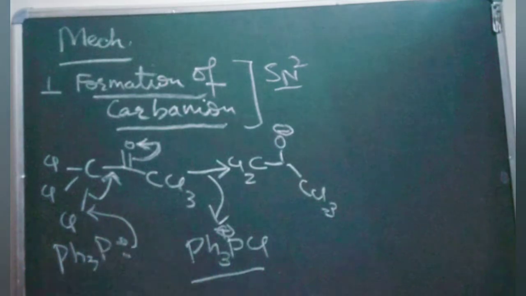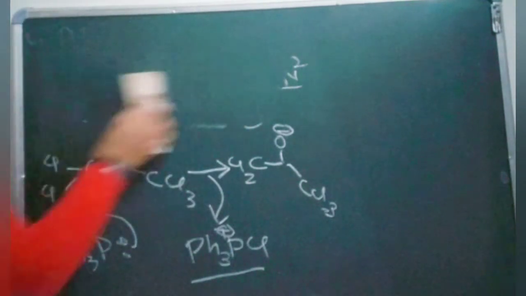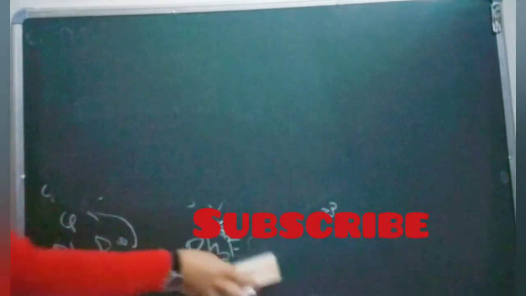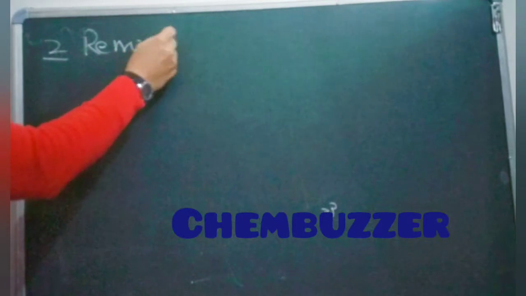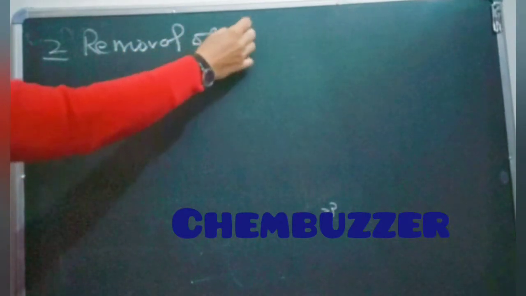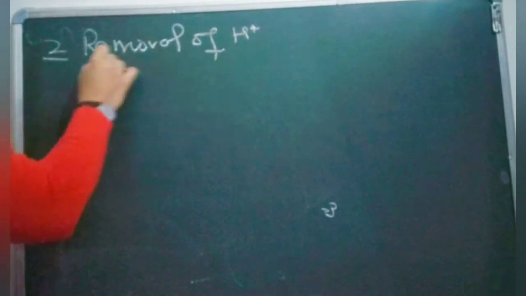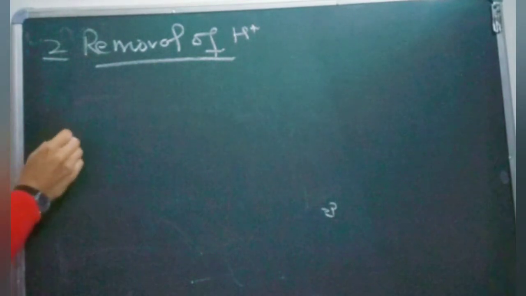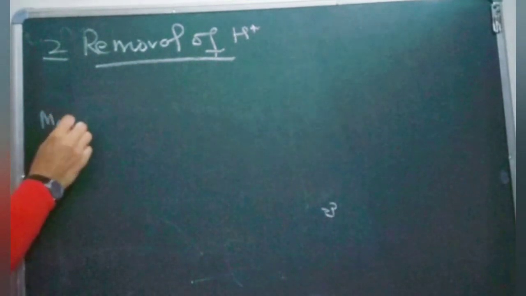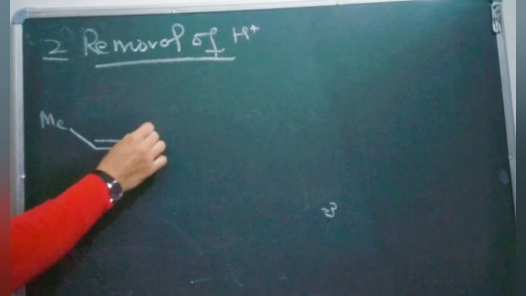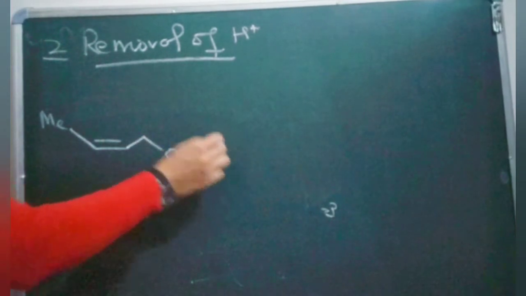Okay, so now we are having second step. In second step there will be removal of proton, how? We are having allylic alcohol. I'm writing here our allylic alcohol.